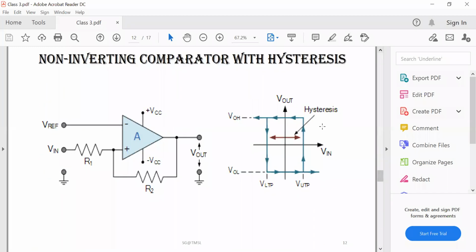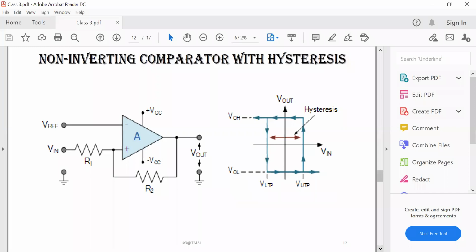Non-inverting comparator is also there. In the same way, the arrows of the hysteresis graph indicate the direction of switching at the upper and lower trip points. It will be just the opposite of the inverting comparator with hysteresis, more or less the same function. That is the inverting, and here is the non-inverting.